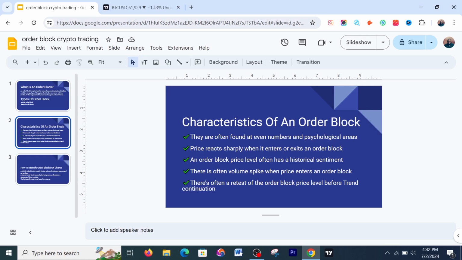You also find many of the order blocks at even numbers, like 10K, 12K, 14K, 16K. Those are areas you're most likely going to find order blocks, because most institutional traders like round numbers. They like to trade with round numbers. So often you find order blocks at those regions.